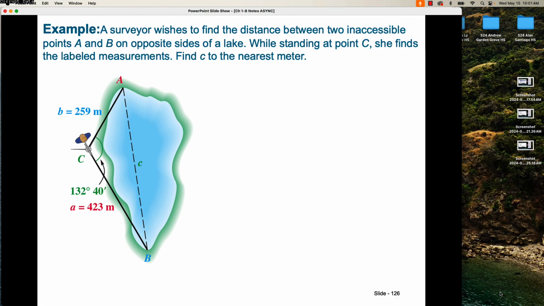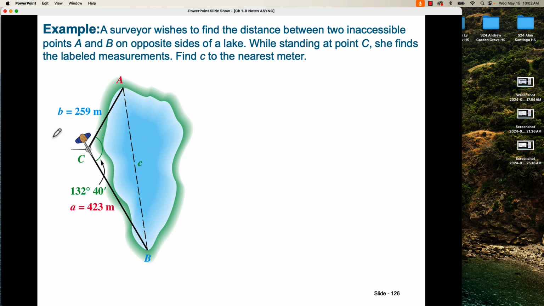Example. A surveyor wishes to find the distance between two inaccessible points A and B on opposite sides of a lake. While standing at point C, she finds the labeled measurements. Find lowercase c to the nearest meter. All right, let's look at this figure. For some reason, we cannot get to point A, we cannot get to point B, and we would like to know the distance between them.